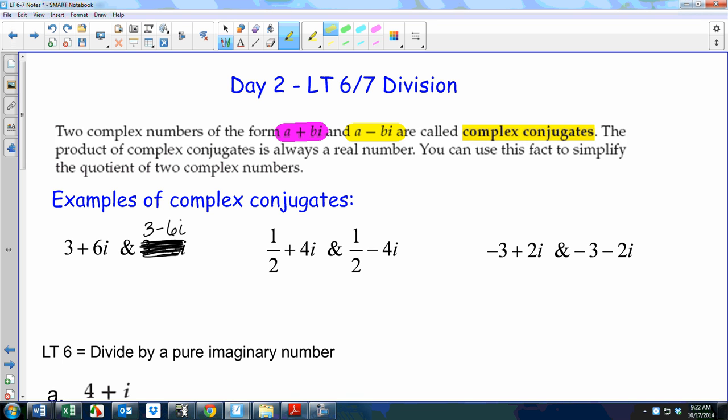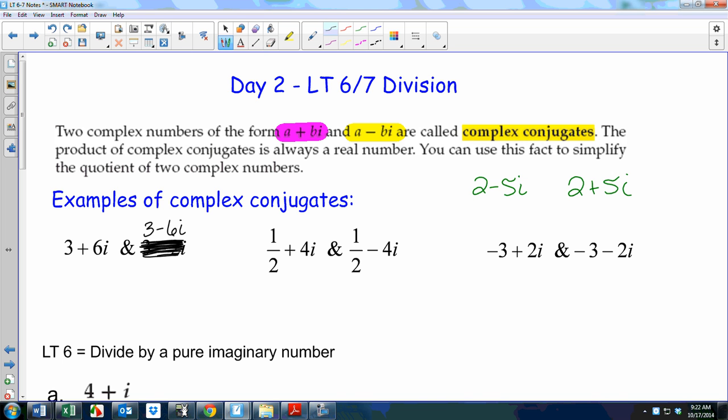Now your notes, I don't know why I haven't fixed this yet in like 3 years, says 3 plus 6i and 3 minus, yours says 2, that's a typo. 3 plus 6i and 3 minus 6i are examples of conjugates. A half plus 4i, a half minus 4i. -3 plus 2i, -3 minus 2i. What's the conjugate of 2 minus 5i? Yeah, 2 plus 5i.